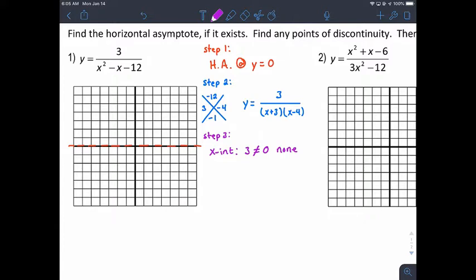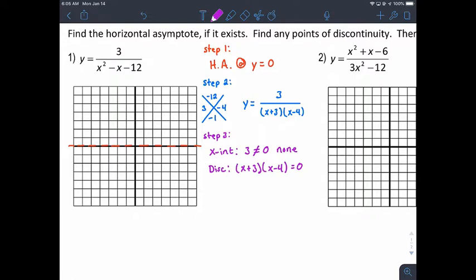The next thing we want to do is figure out our discontinuities. So I'm going to set my denominator equal to 0. That's going to be x plus 3 multiplied by x minus 4 is equal to 0. Now remember that when we're setting two factors equal to 0, if either factor equals 0, then the entire thing equals 0.